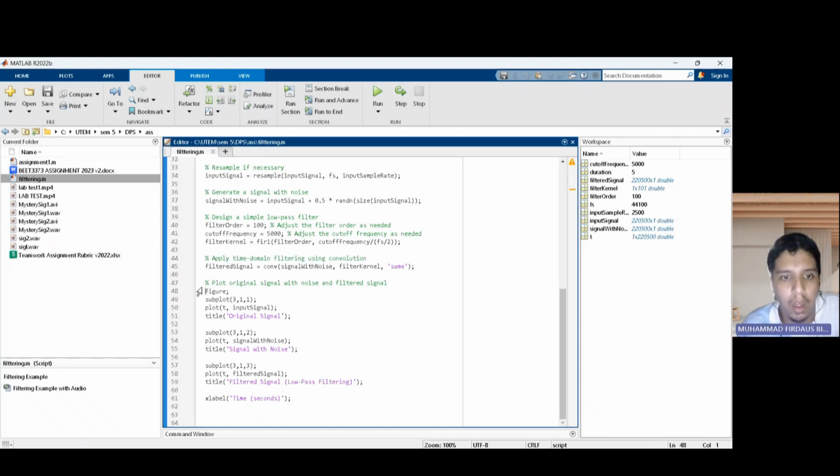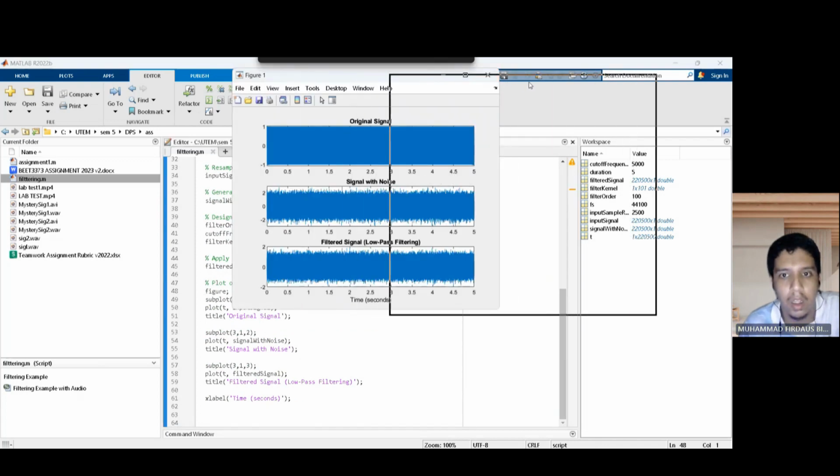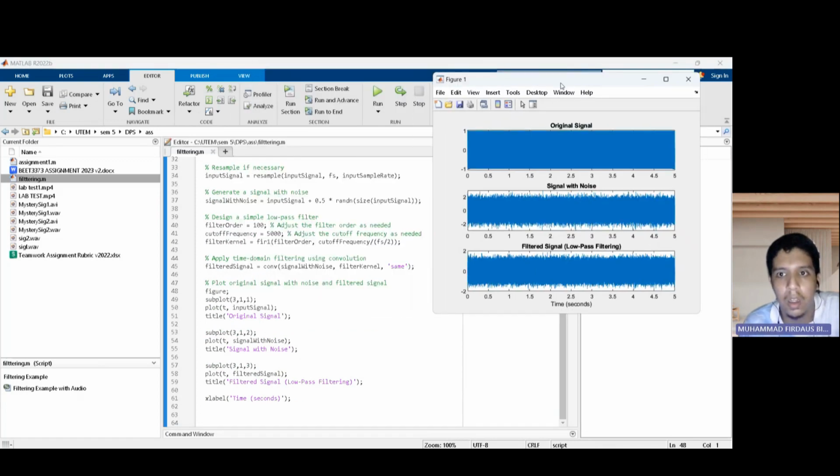Now this plot. I will run the section. Okay, if you look here, the first subplot shows the original signal, the original sound.